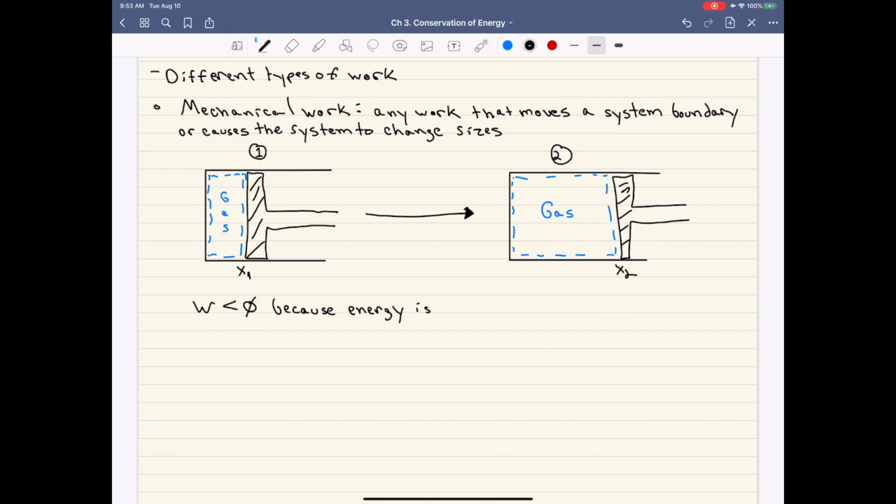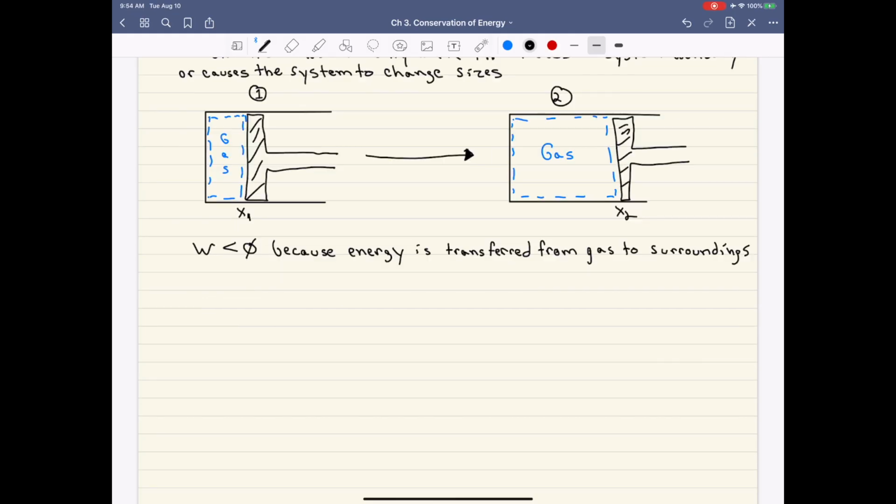So work is negative because energy is transferred from gas to surroundings. Alright? And so that's the general concept of work, or mechanical work.